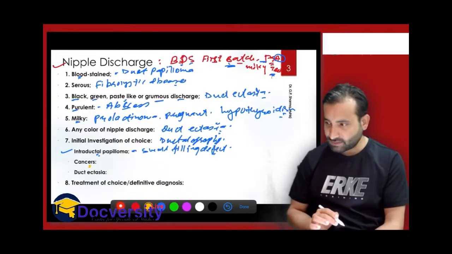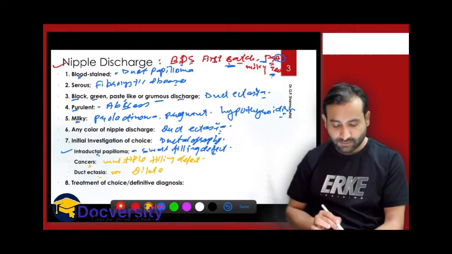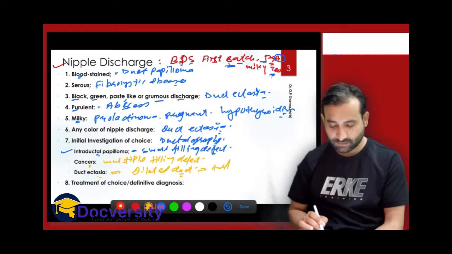And if it is the cancers, then you will see the multiple filling defects, right? And if it is the duct ectasia, you will see the dilated duct, right? It is due to the inflammation. The duct is dilated, right?